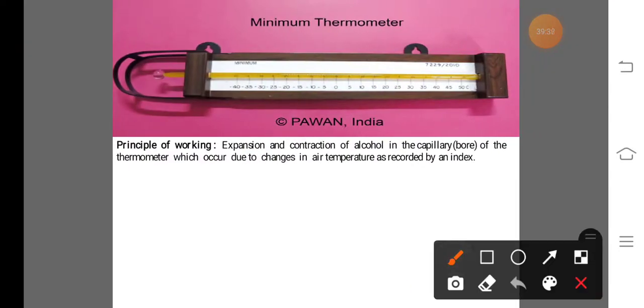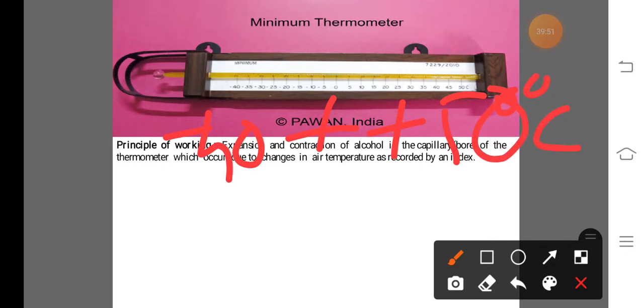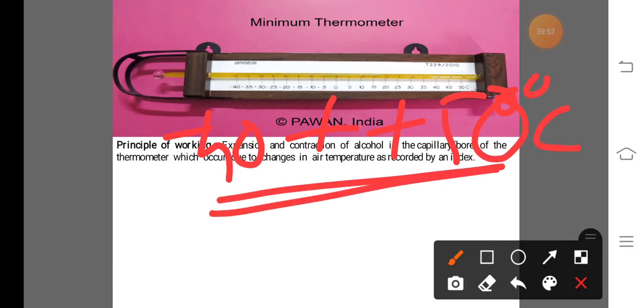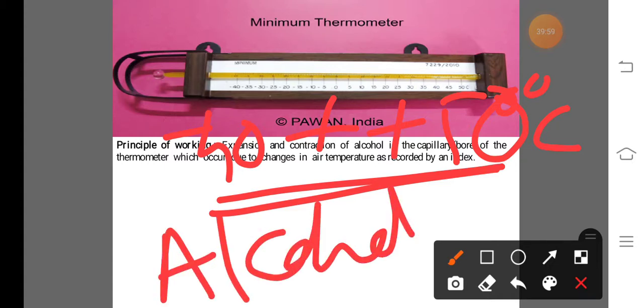And in case of minimum temperature, the temperature range of this thermometer is -40 to +50 degree Celsius. This is the temperature range of the minimum thermometer. This minimum thermometer contains alcohol. Why does it contain alcohol?